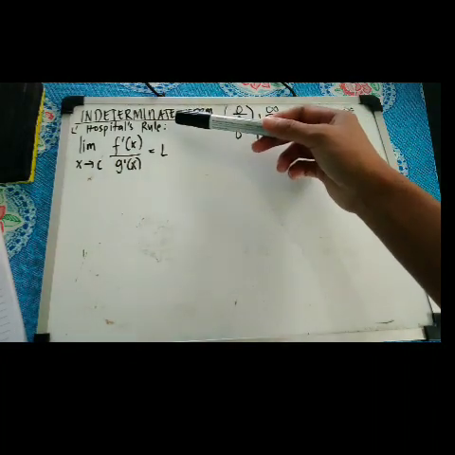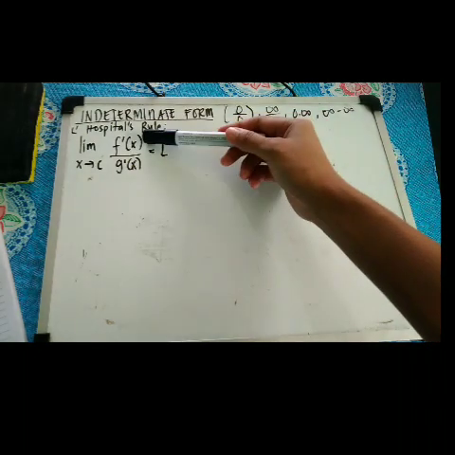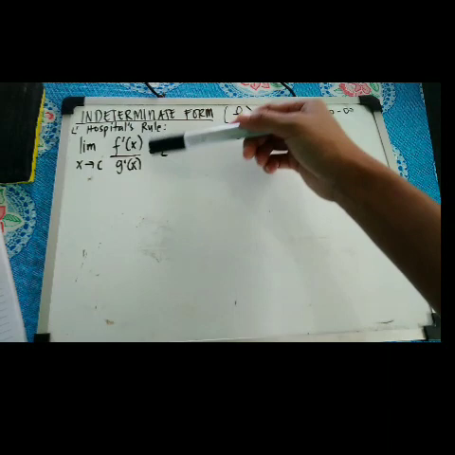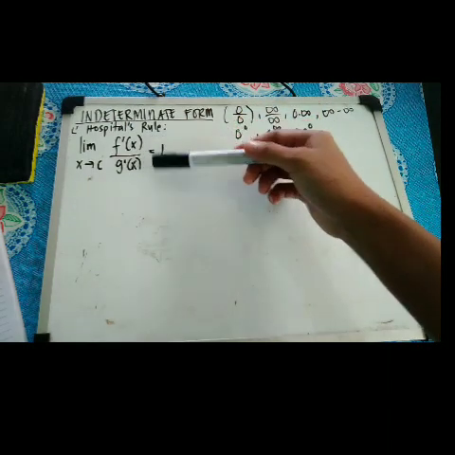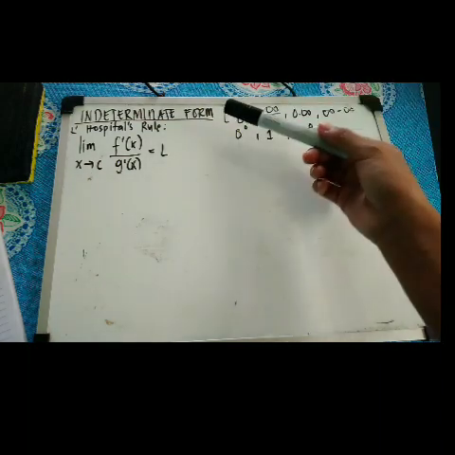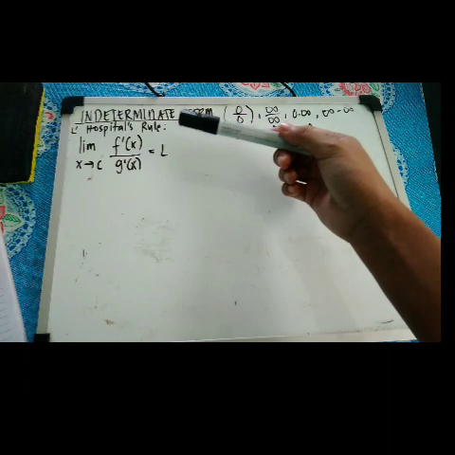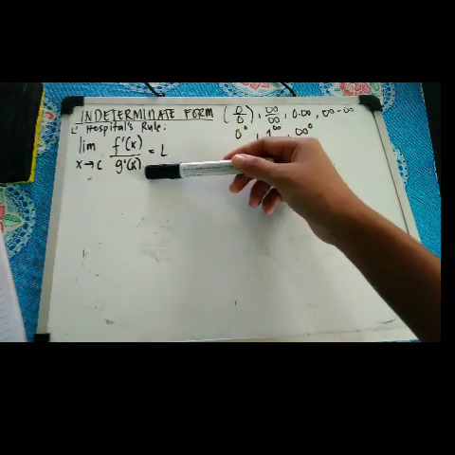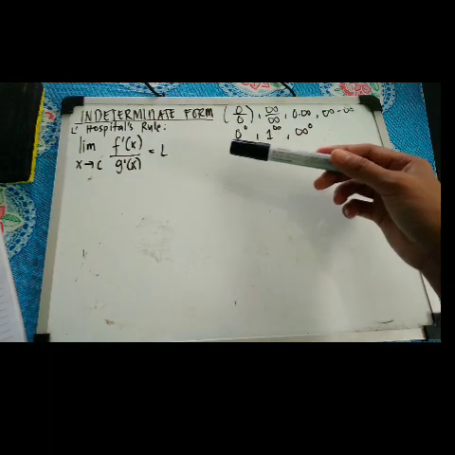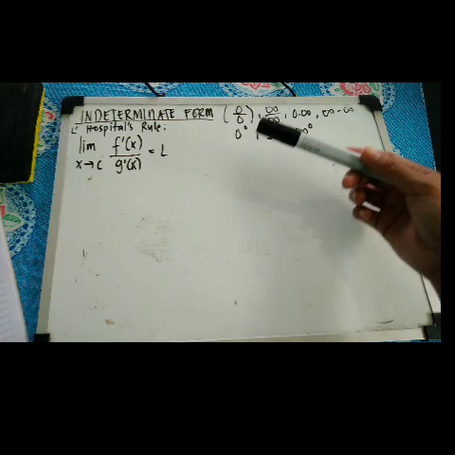The L'Hopital's rule is applied by taking the derivative of the numerator and the derivative of the denominator. It simply means that we need to derive the numerator and the denominator. We can also use simplifying of the given equations. So let's try an example for you to really understand what I'm talking about.